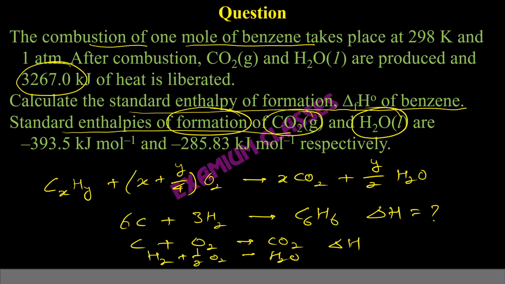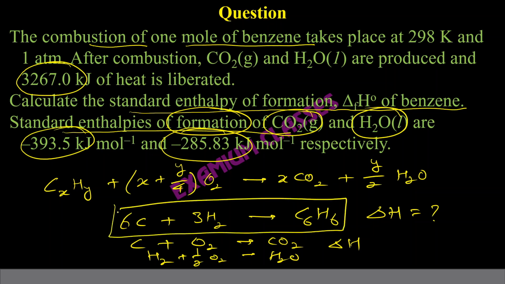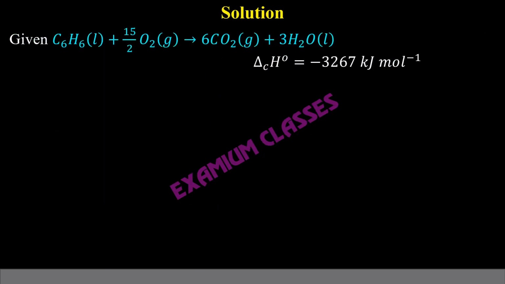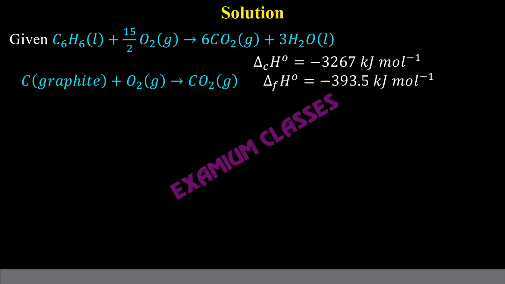Here also delta H is given. All these delta H are given. So from the given equations we have to form this equation. That's it. So first we will form the equation for combustion of benzene. The reaction for combustion of benzene using the generic form will be this one, and delta H will be minus 3267, which is given.